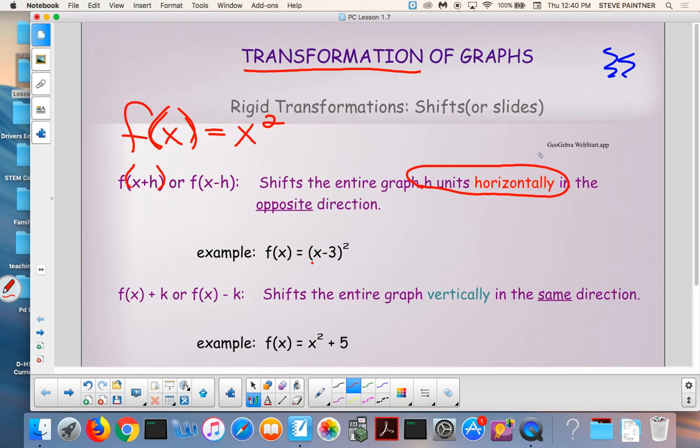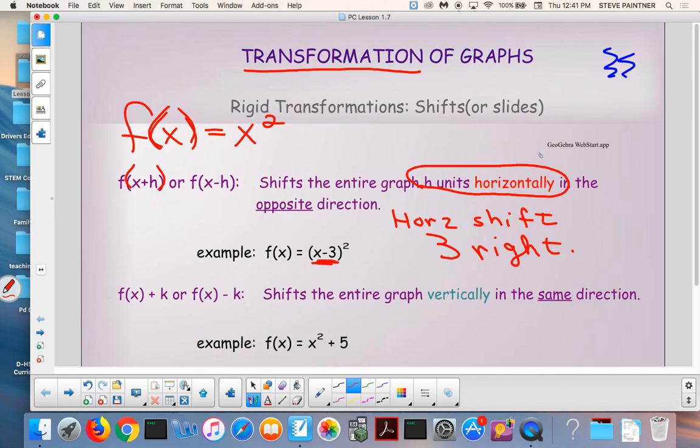What kind of transformation is that? It's a horizontal shift. How many? 3 to the right. Horizontal shift, 3 to the right.